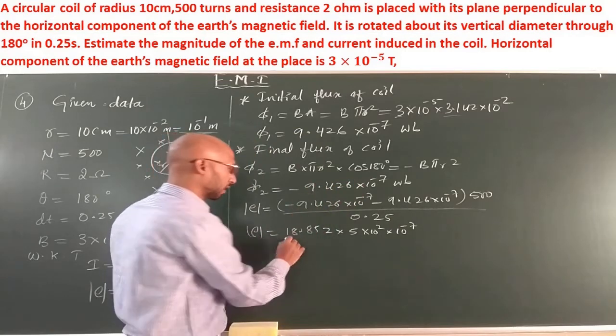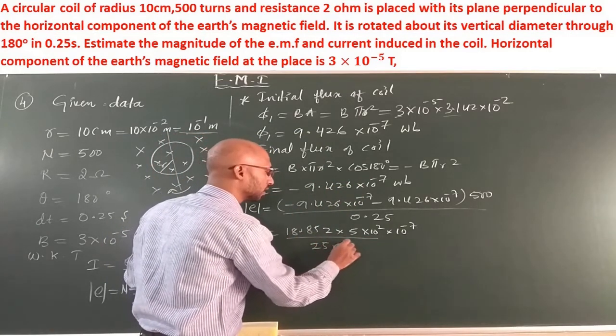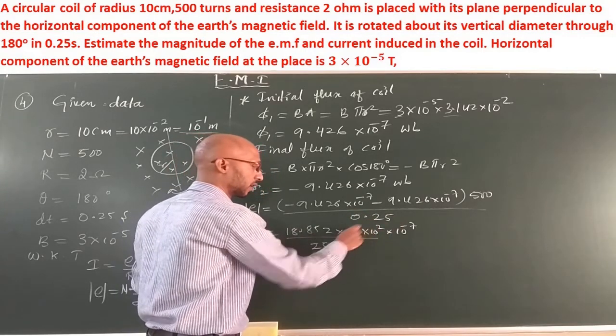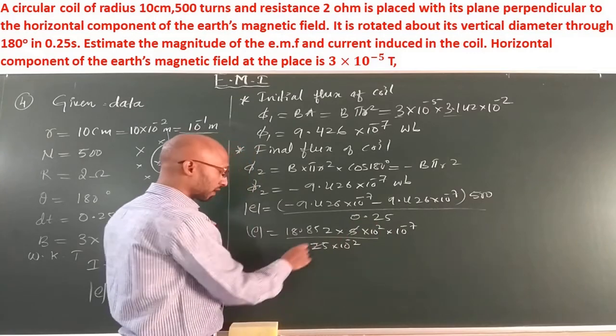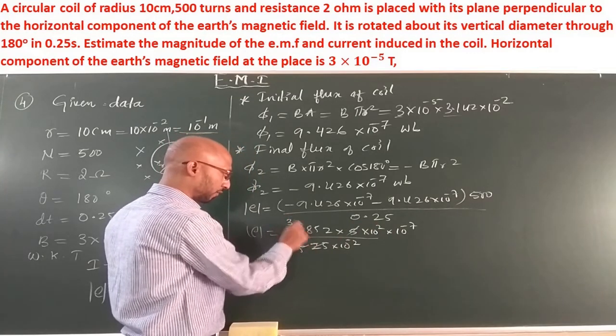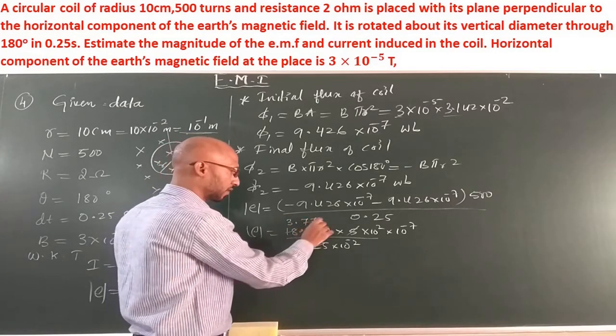Just converting that, written like this, 25 into 10 raised to minus 2. What is the remaining? 5 is there. If I cancel, 5 3s are 15, 5 7s are 35.